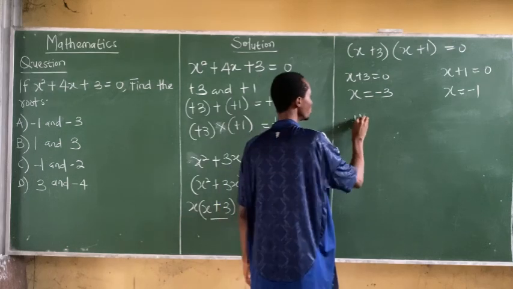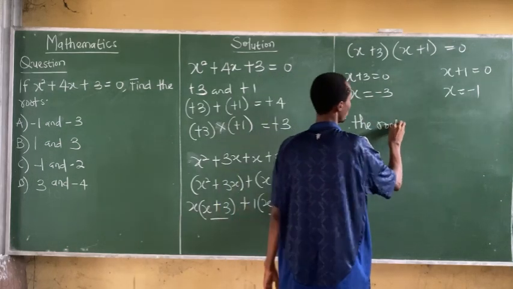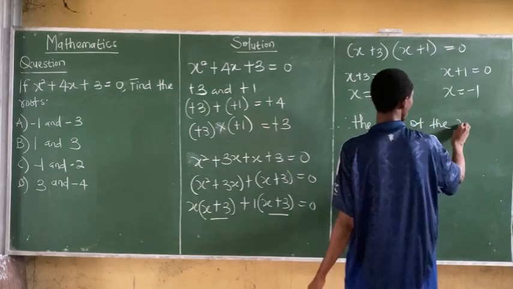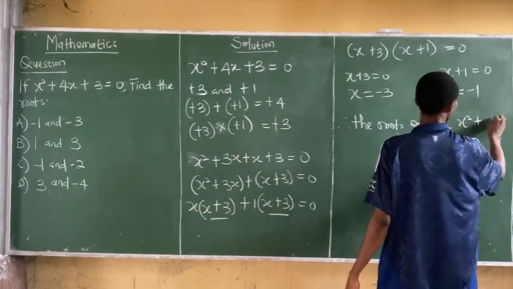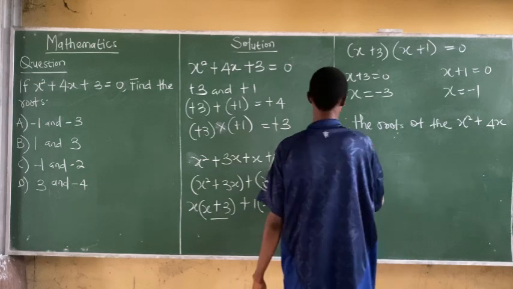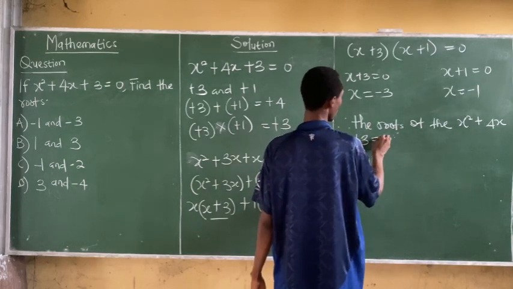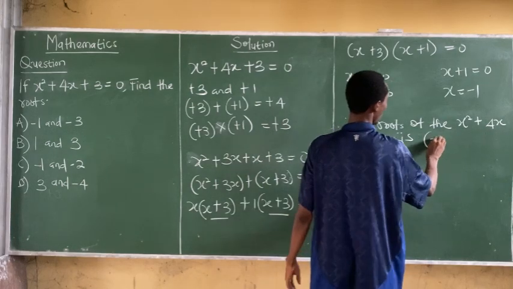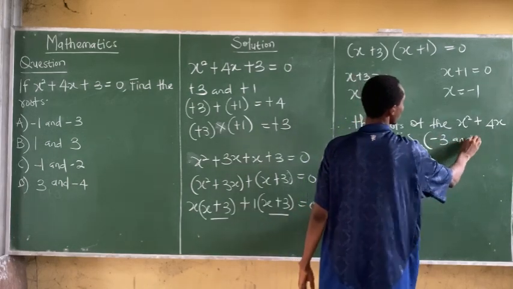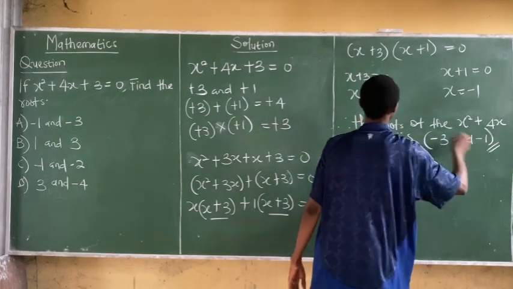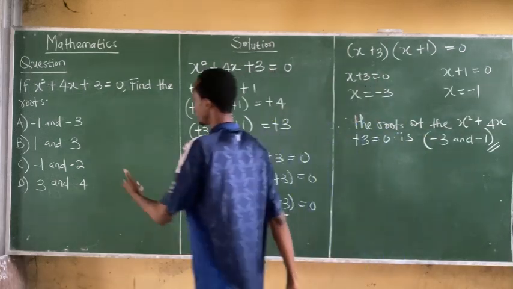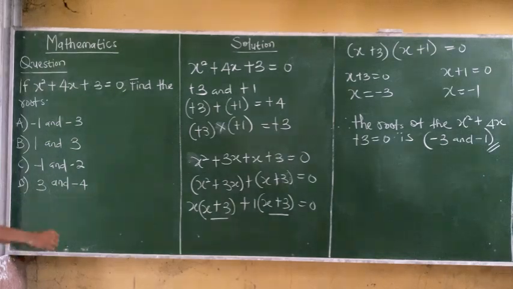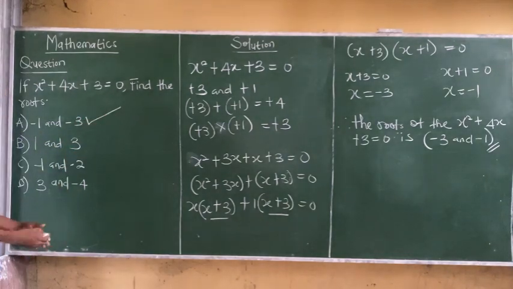Therefore, the roots of the equation x squared plus 4x plus 3 is equal to 0 are minus 3 and minus 1. These two values. Now, if you come here, we have minus 1 and minus 3. So option A is the correct answer.